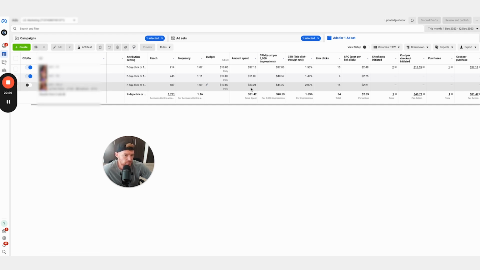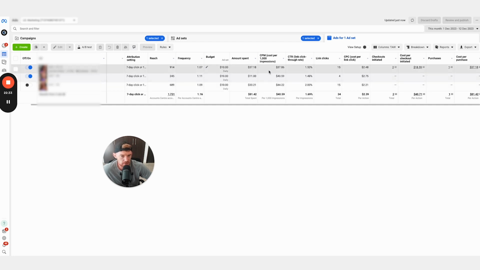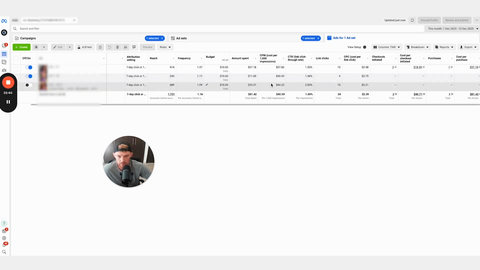Maybe the numbers looked different when I turned it off. I really don't know. But I'm not going to turn it back on just because this top one has a sale. And if this one keeps performing as it is, then happy days. But yeah, I don't know why this one is off. Sometimes Facebook can do that, man. You'll go in one day, analyze the data, turn stuff off, make decisions.